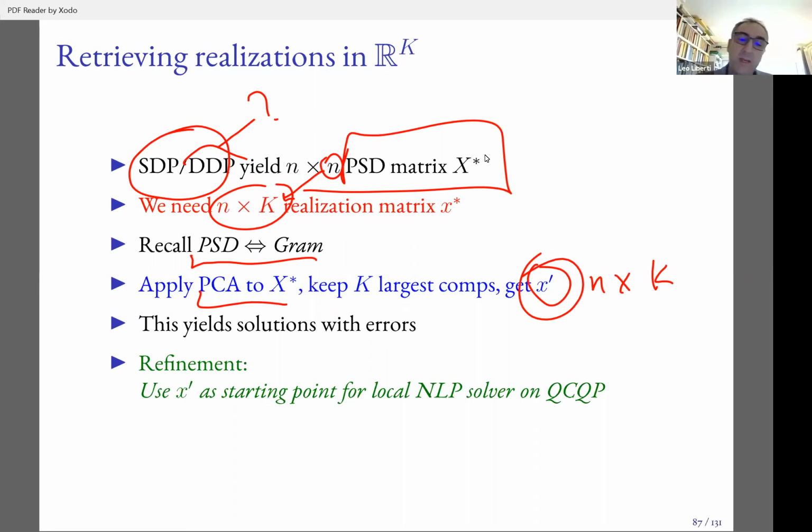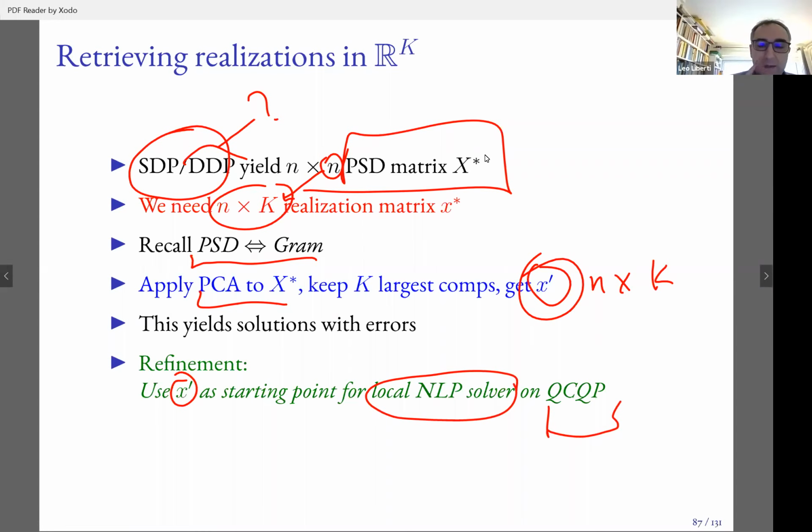One way that I found was extremely expedient and fast, in fact. Well, not extremely fast, but sufficiently fast, that would fix most of these errors for at least small, medium-sized, and some largish instances, was to use x prime as a starting point for a local NLP solver deployed on some positional variable formulation. Okay, we've seen a few of these.